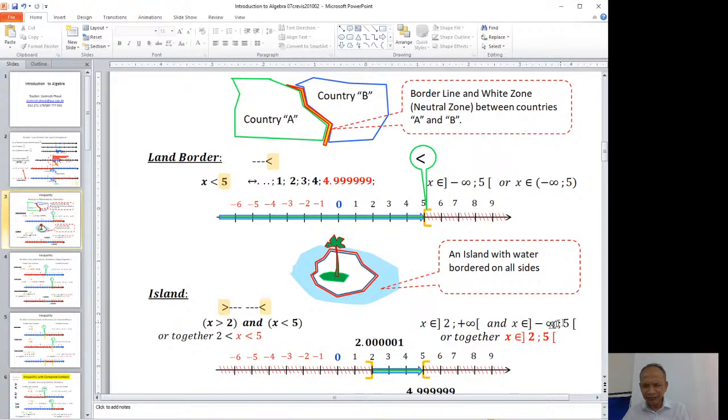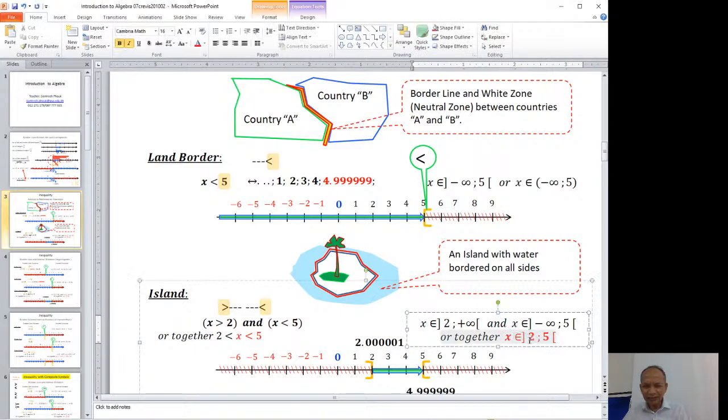It means x from 5 going to the left until negative infinity. So x belongs to negative infinity up to 5. Altogether we write like this: x belongs to open bracket 2 and then 5 open bracket to the right here also. Okay.